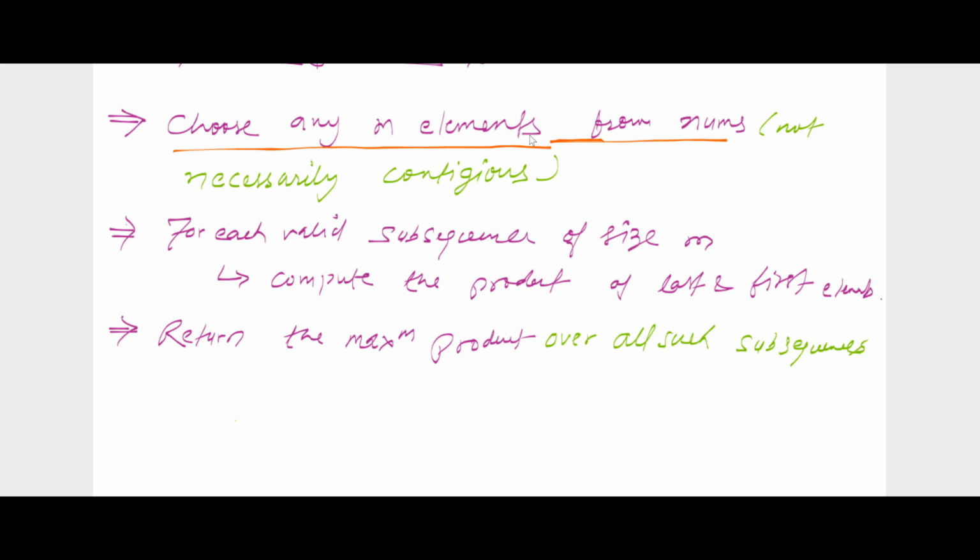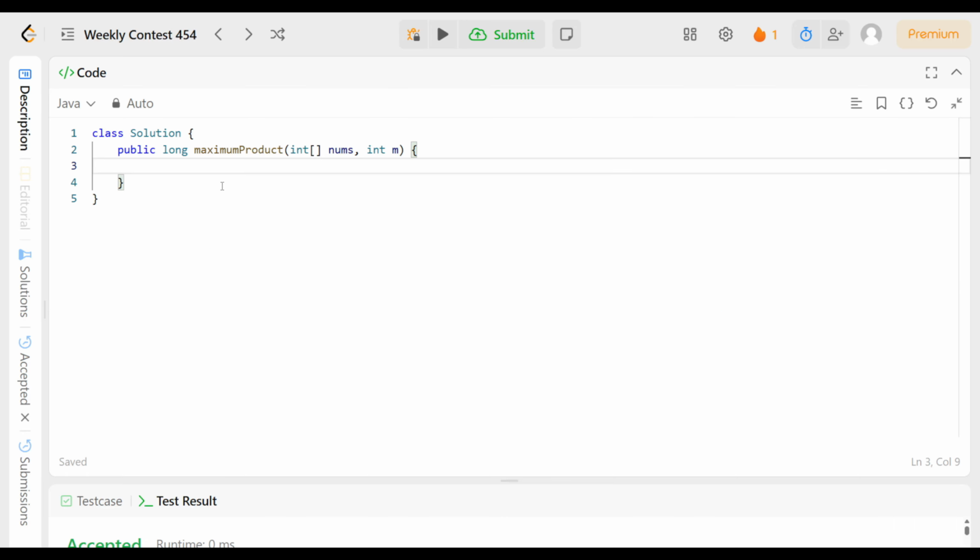We can take any m elements from nums, but they should be in order. Next, for each valid subsequence of size m, we compute the product, meaning the first and the last element we multiply, and then we return the max product over all the valid subsequences.